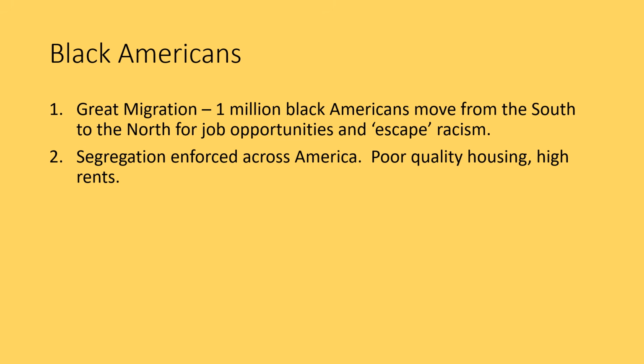And despite the fact they had very poor housing, compared to white people, their rents were much, much higher. One of the things I didn't mention in that first point was about how although there were more job opportunities, there was a difference in pay for those who were white, essentially. Something we're also going to look at a little bit when we look at women in the 1920s as well.